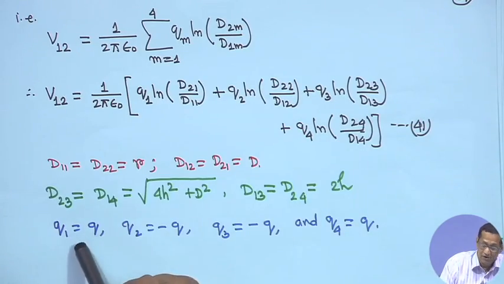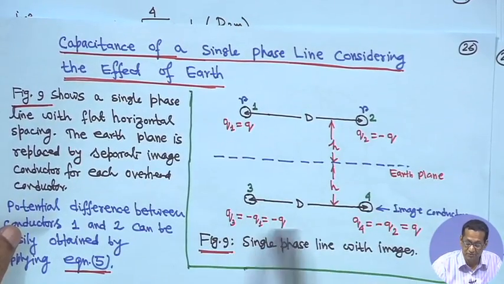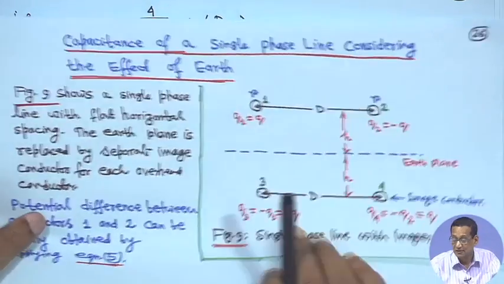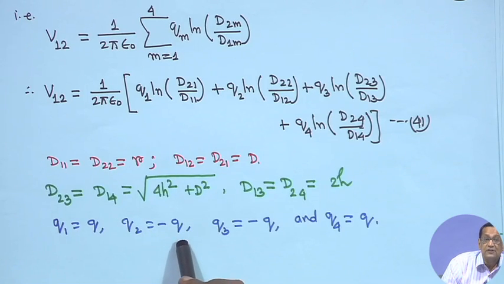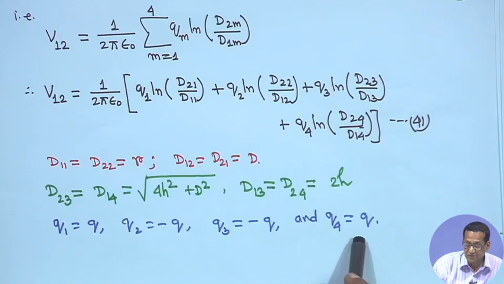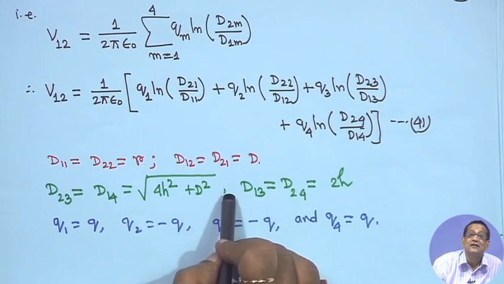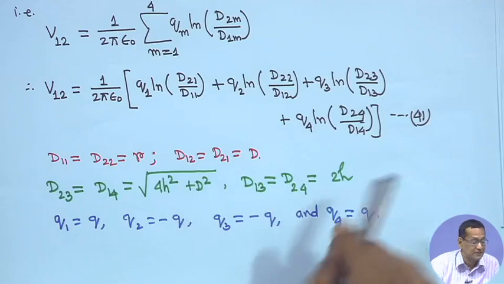Now, here everything is defined. q1, q2, q3, q4 are all defined. Therefore, q1 is equal to q, q2 is equal to minus q, q3 is equal to minus q, and q4 is equal to q. You substitute all these things in equation 41 and simplify.